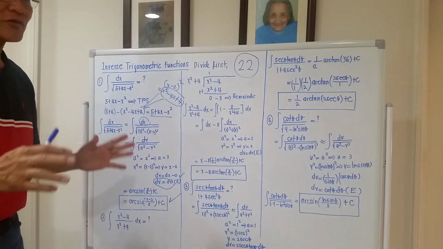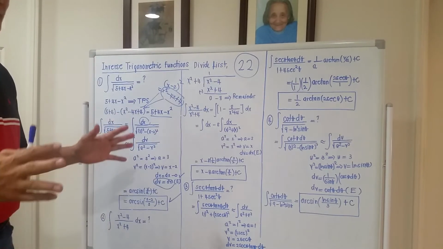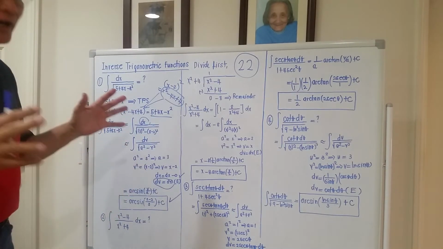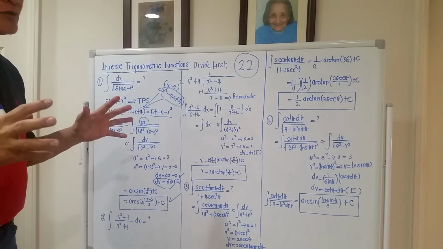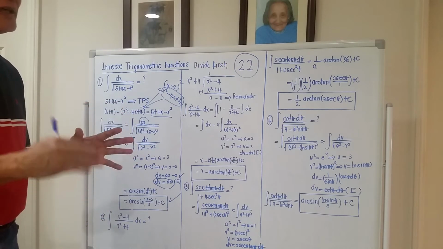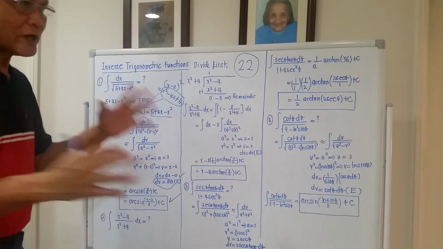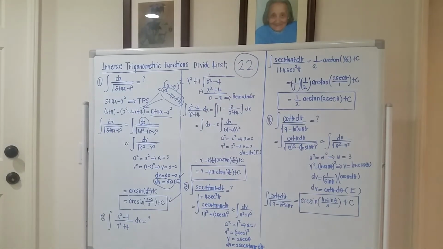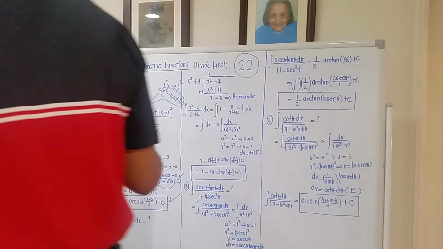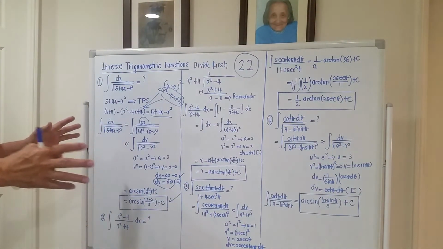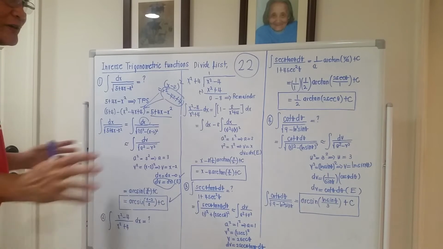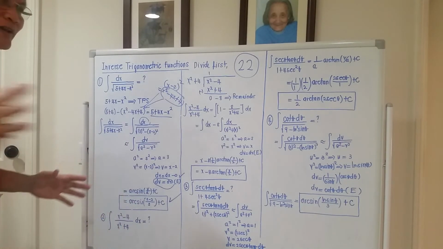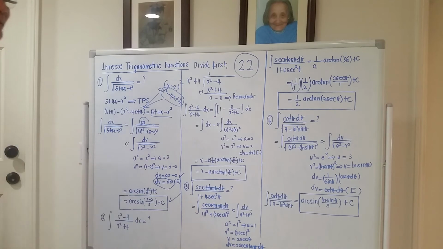So actually the solution of example number 1 is with the help of algebra. If we do not know how to complete a perfect square trinomial, we are gone. So calculus can be solved with the aid of your knowledge of algebra.